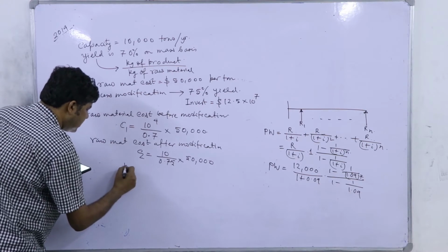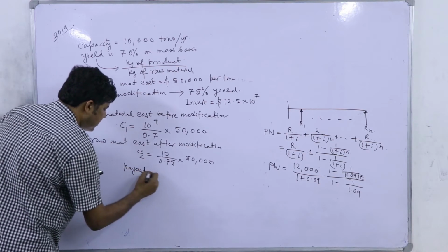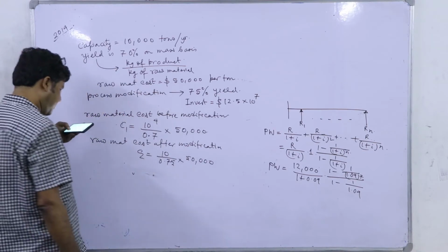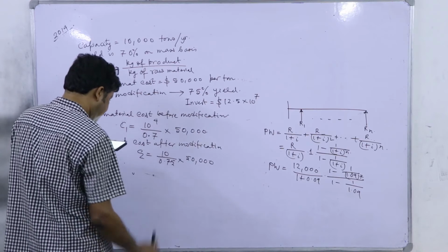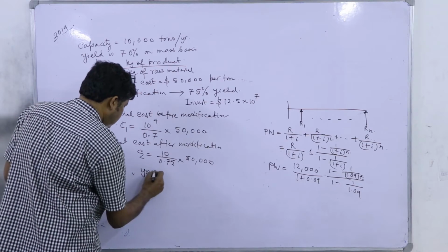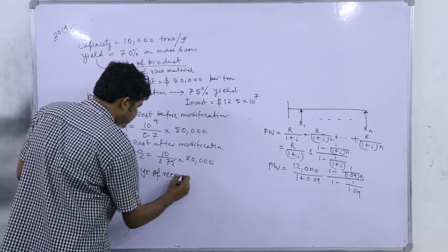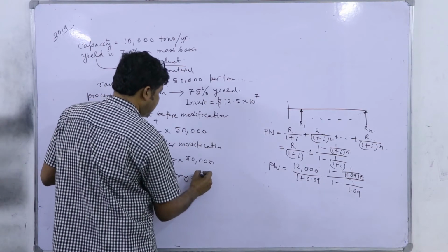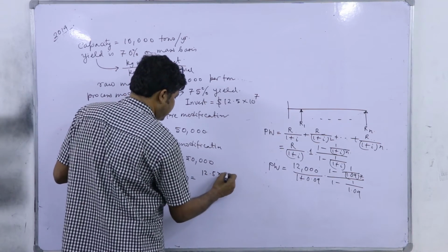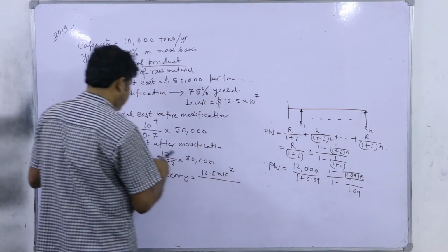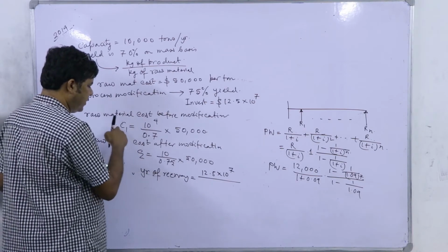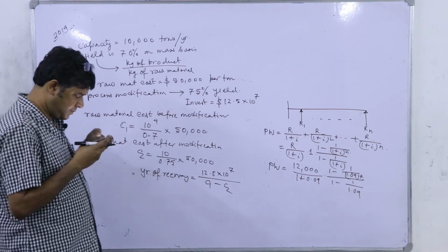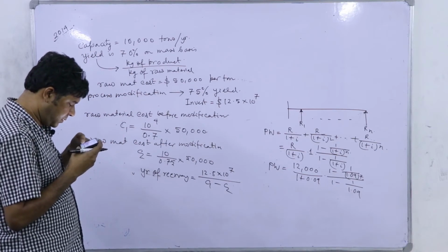So, the payout period, or rather we should say the year of recovery, the investment is 12.5 into 10 to the power 7. Definitely they will be saving raw material, so C2 will be lower than C1, so C1 minus C2. Right.